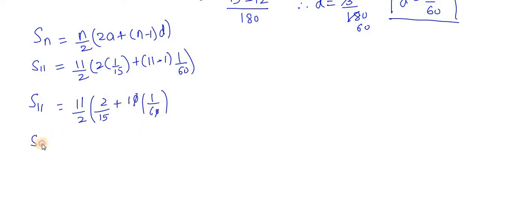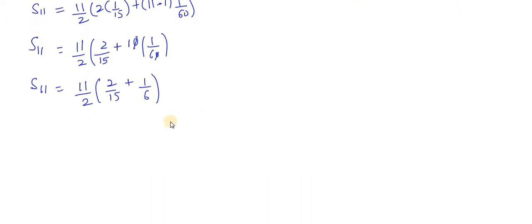So therefore S11 is equal to 11 by 2 into 2 by 15 plus 1 by 6. Is it clear? Now again we need to add fractions, and the denominators must be the same, but here the denominators are not the same, so you need to make them the same.